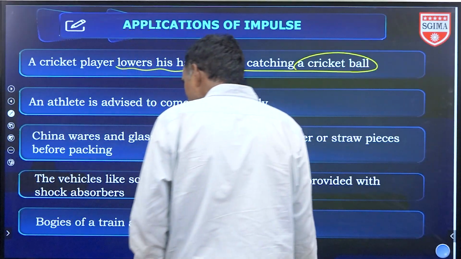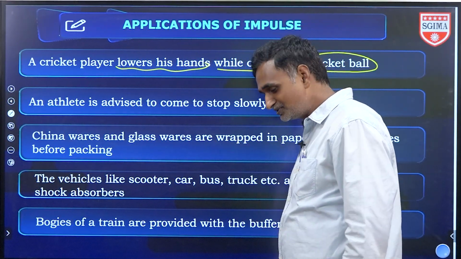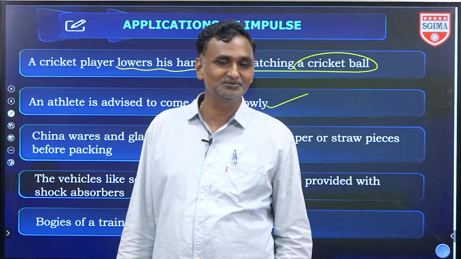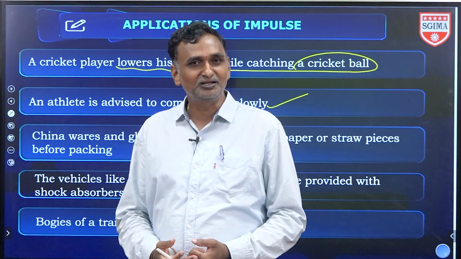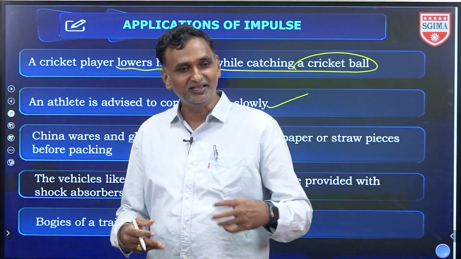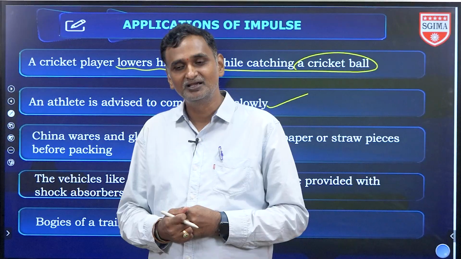Next, an athlete is advised to come to a stop slowly. Yesterday I discussed inertia of motion also, and whenever you want to stop motion immediately, a drastic change in momentum takes place. He gets hurt definitely, internal hurts will be there definitely. So why?